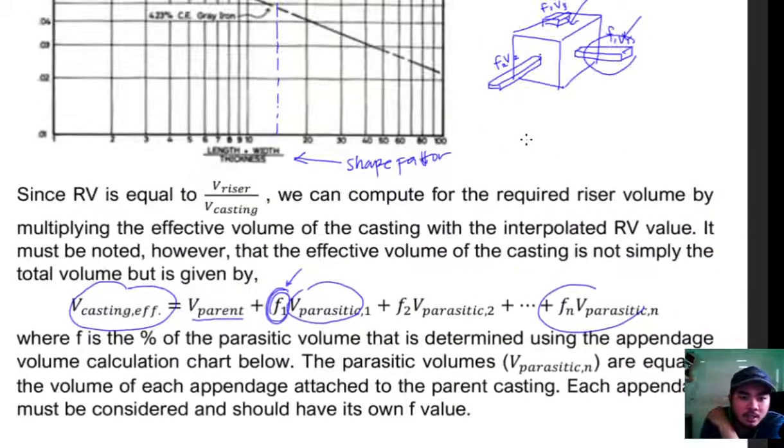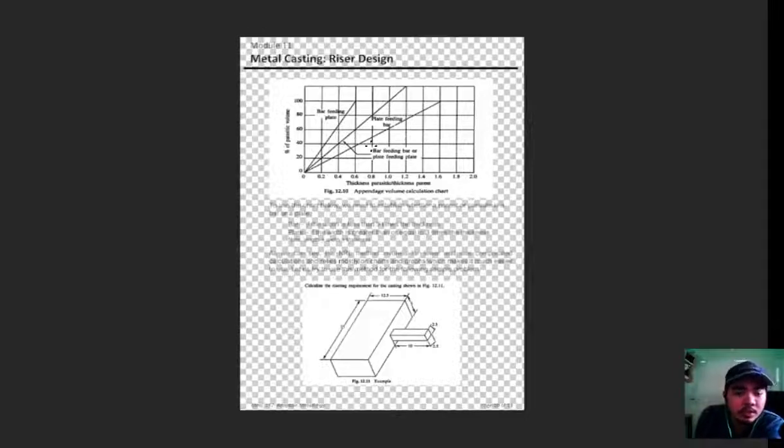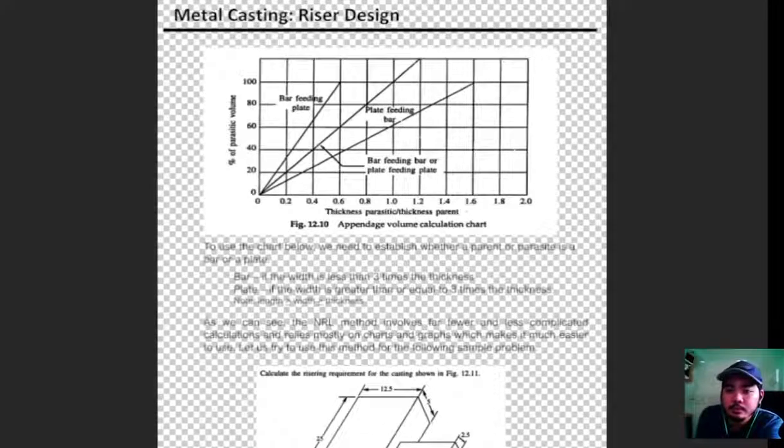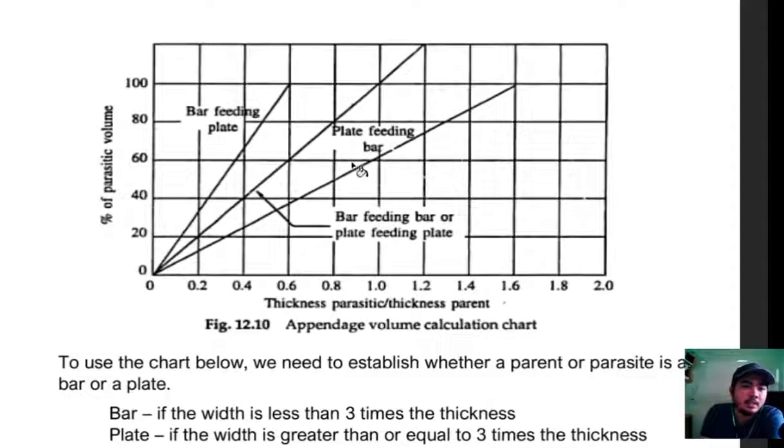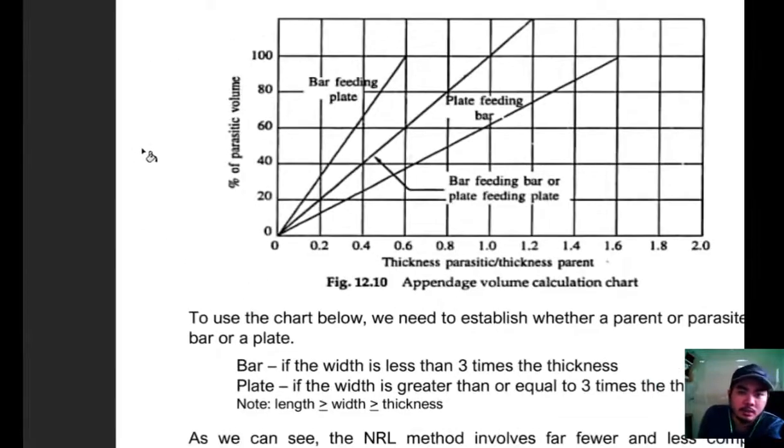So ang tawag sa chart na to is the appendage volume calculation chart. So the appendage volume calculation chart looks like this, no? Ito siya. And this is a chart of the thickness ratio versus the F value.